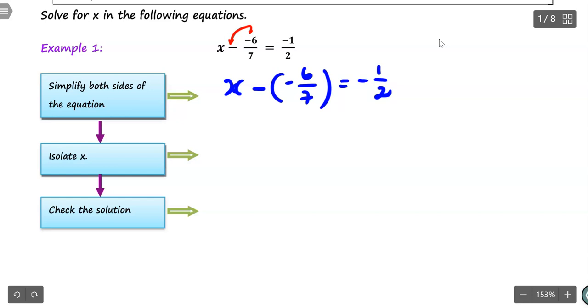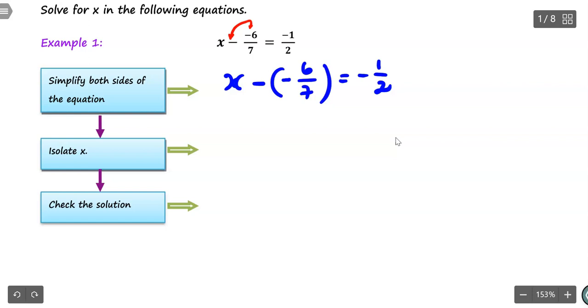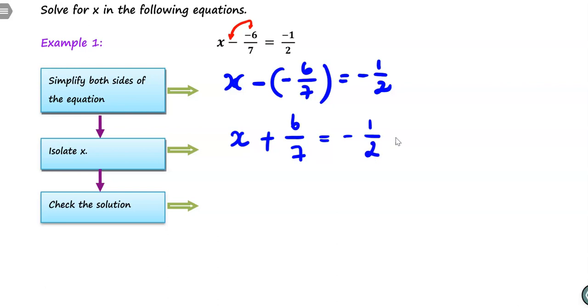It's similar to that, except that the negative goes in front of the 6. So don't forget that it's just a notation, and when you subtract a negative fraction, it turns into a positive. So the first thing we do is make that into plus 6 over 7 equal to negative half. Alright, so that's one way of working with this type of equation.